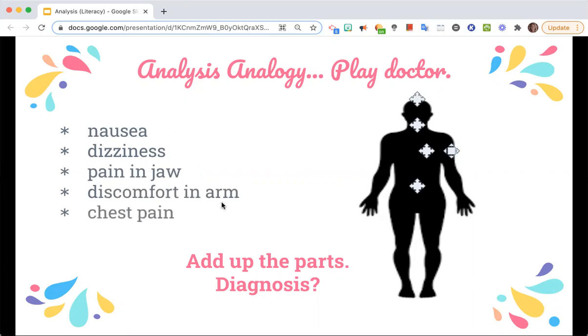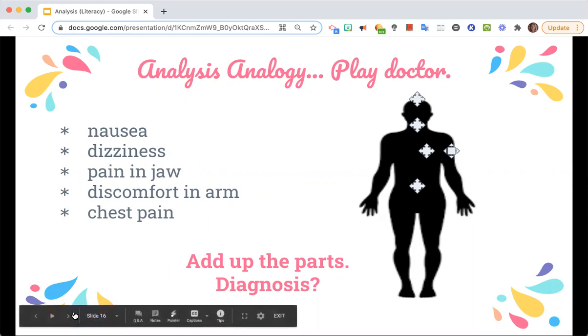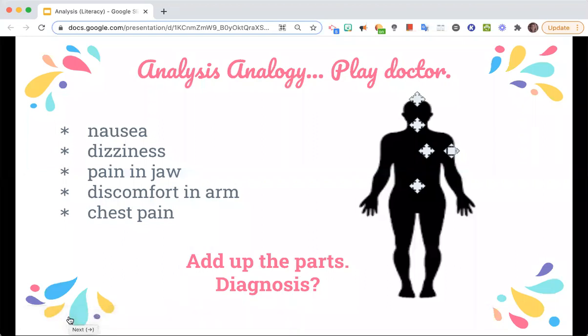If you go to the doctor and you share that you have all 5 of these symptoms, that doctor is most likely going to suspect that you are having a heart attack. However, each alone might lead to a different conclusion. So this is a great example to share with students just so they can see a real life example of how analysis works and how you truly can add up the parts to lead you to a different conclusion.